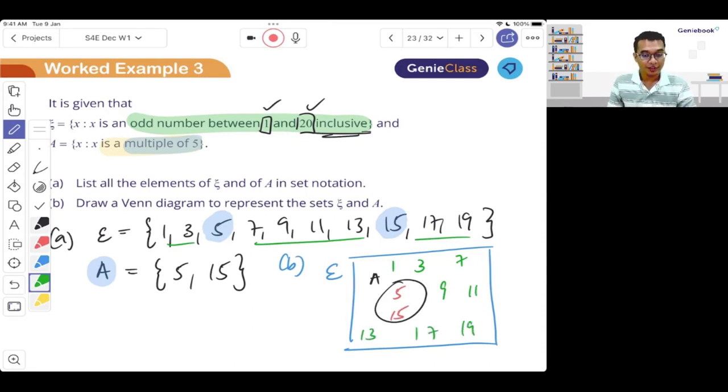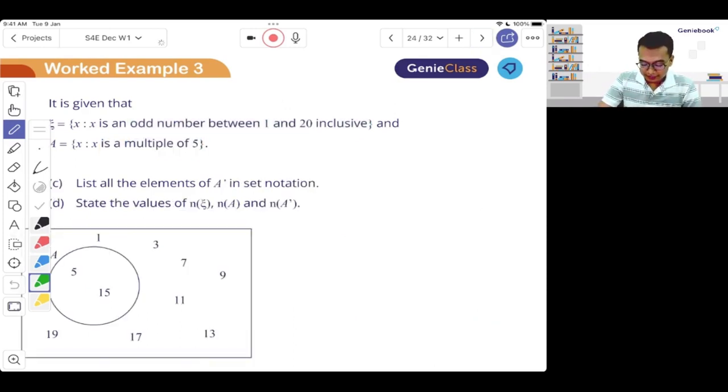And there you go. 1, 3, 7, 9, 11, 13, 17, and 19. So that's it. That's how we draw a Venn diagram with a universal set and one set, set A. Now, with that, let's move on.